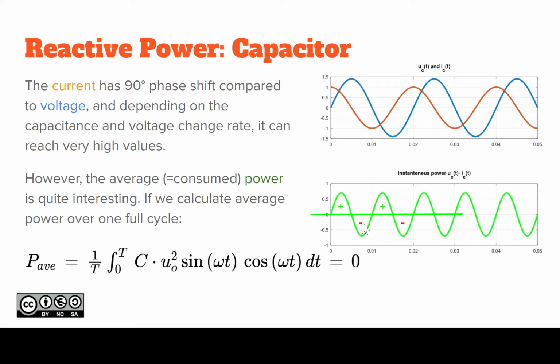And basically, it's just continuous charge, discharge, charge, discharge. But the energy does not go anywhere there. The electric energy is not consumed, which means that the real power, the average power over one full cycle, is zero. So no power loss in a capacitor unless it has non-ideal parts like internal resistance, as the components usually have.